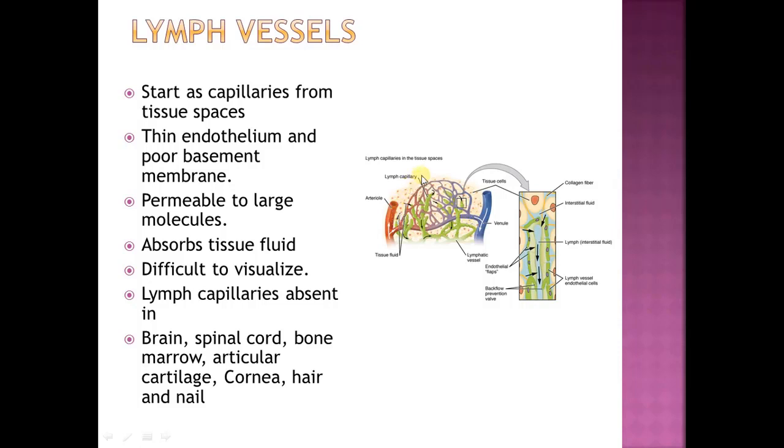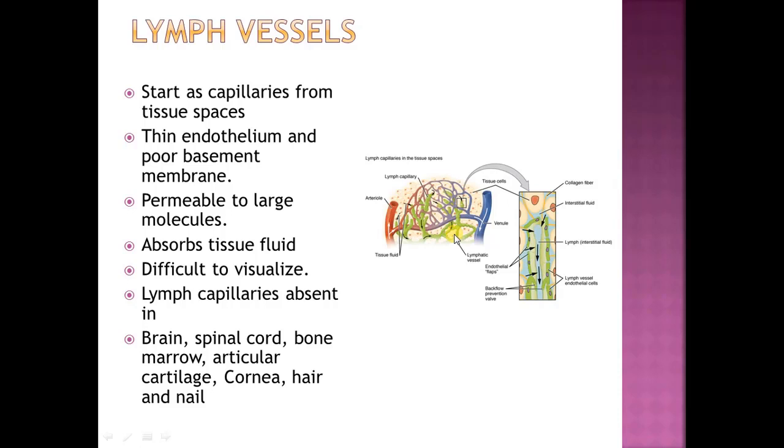The fluid from the tissue spaces, whatever is released from here, the 100% does not reach here; 10 to 20% of it escapes through these lymph capillaries. The lymph capillaries are again lined by endothelium. You don't find any muscular or adventitial coat.